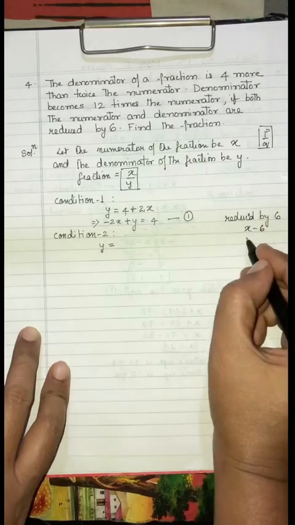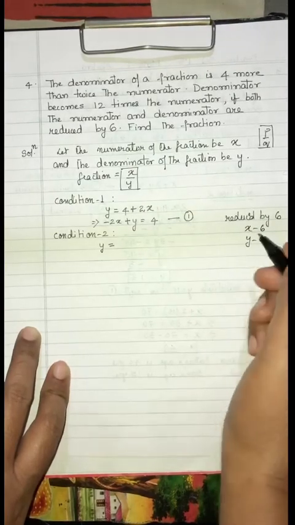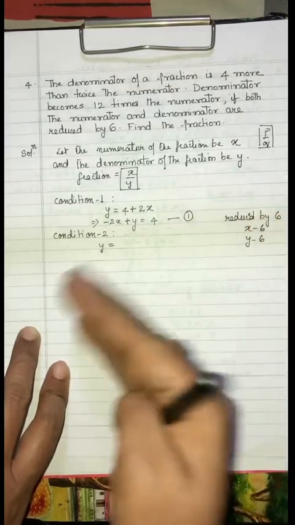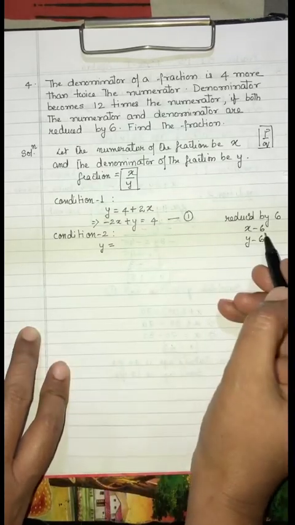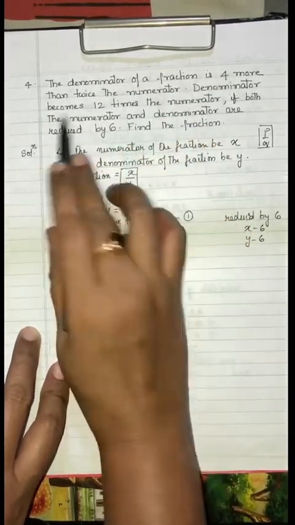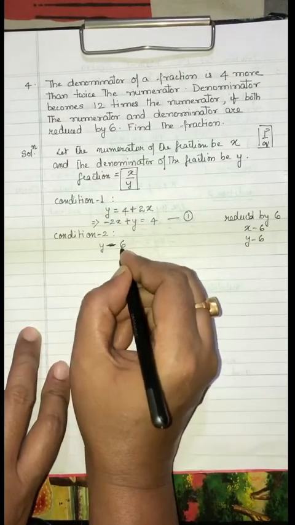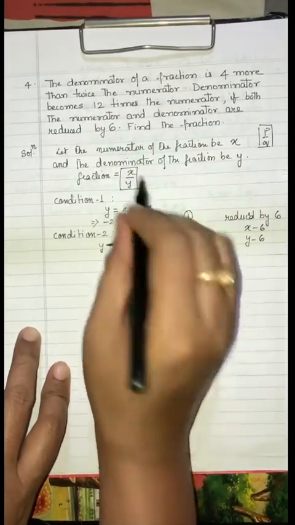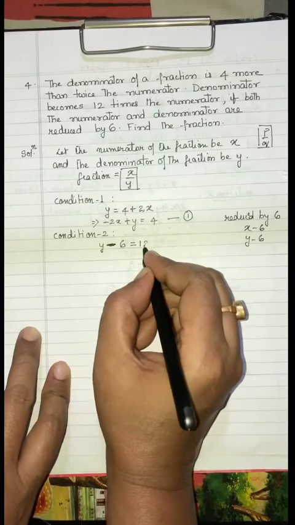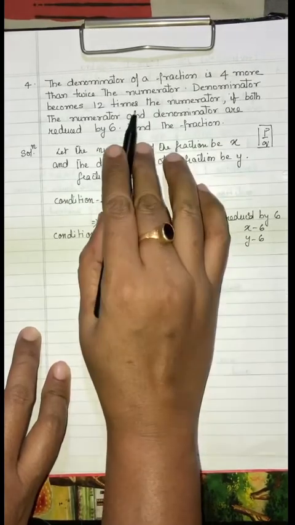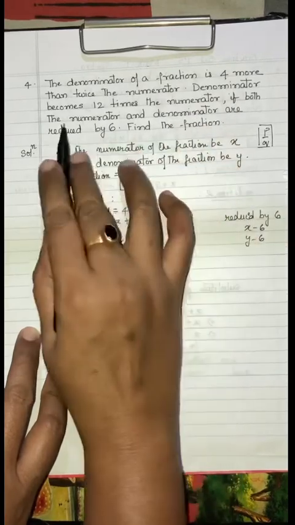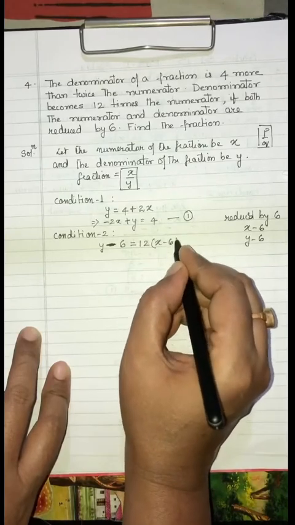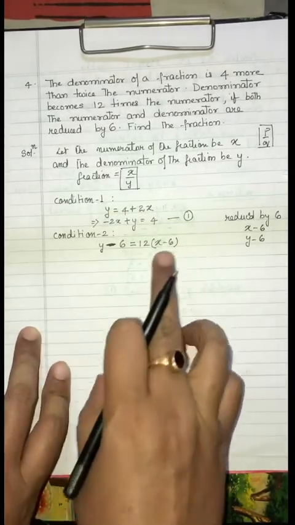The denominator is reduced by 6 means y minus 6. Alright, reduce means reduction, to get less. To get less means we subtract. So denominator becomes y minus 6, becomes means equal to 12 times, 12 multiplied by the numerator. So we have already reduced and the numerator became x minus 6. This is the second condition.